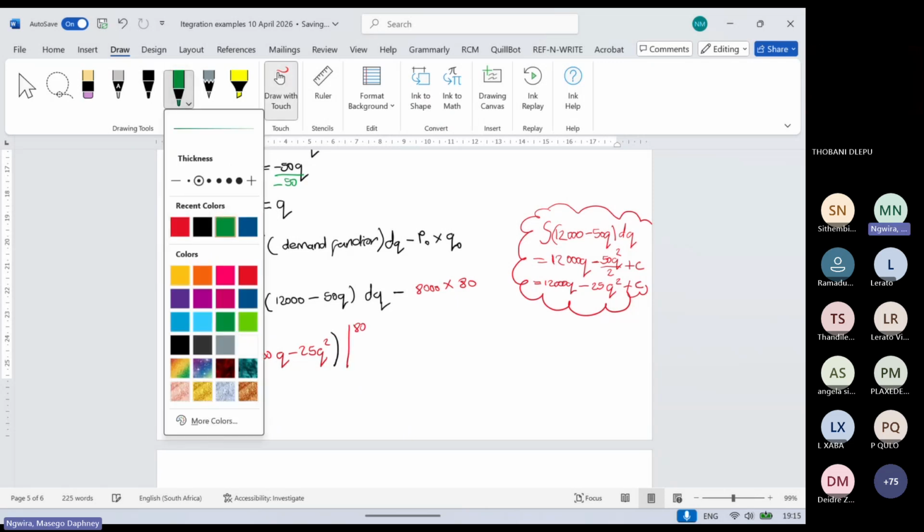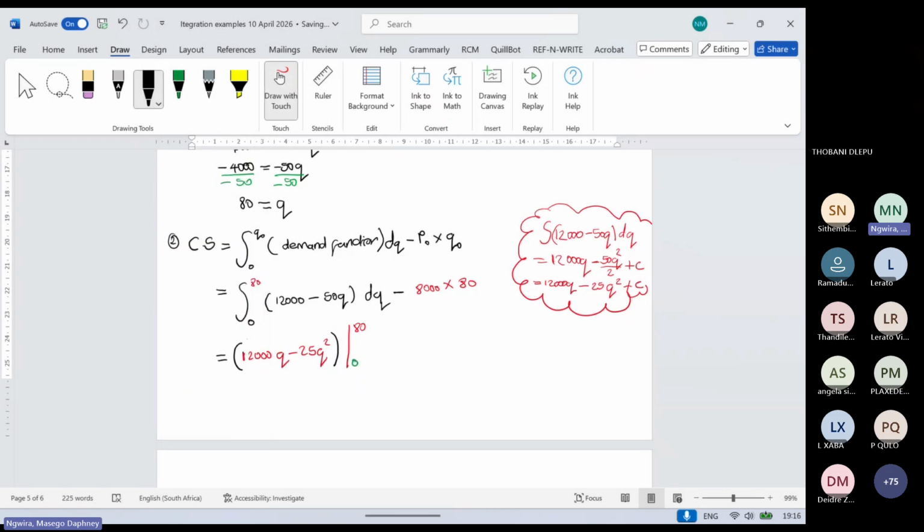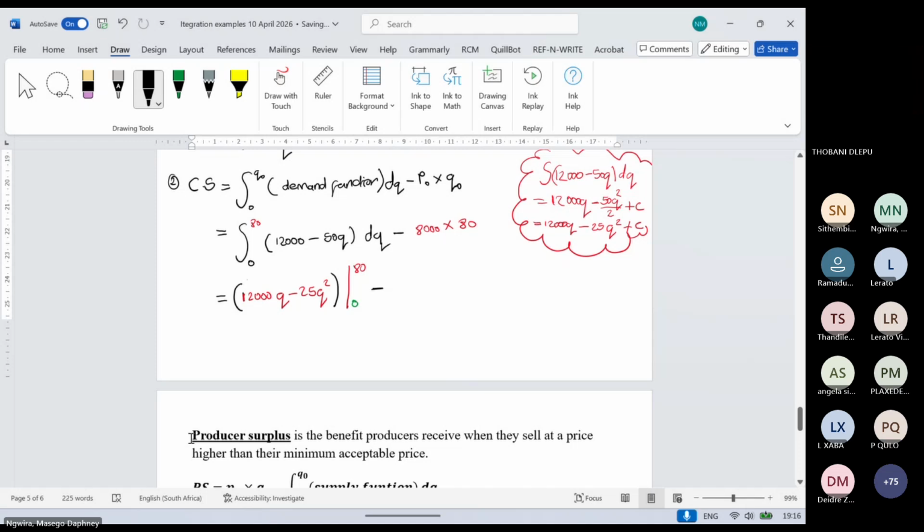Let me put the 0 in green, then 0. And then this is minus what is 8,000 times 80? 640,000. Yes, 640,000.